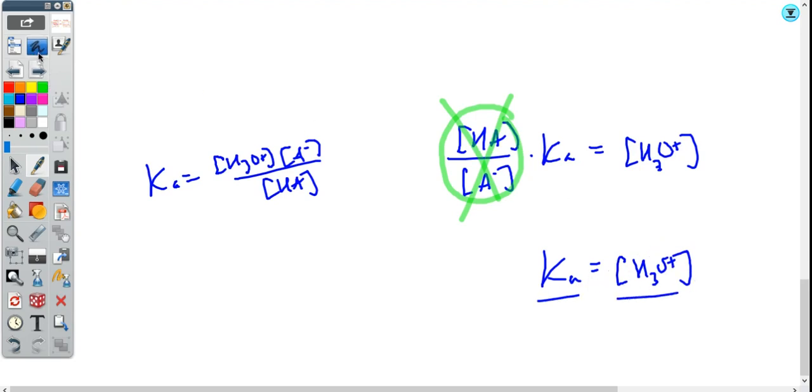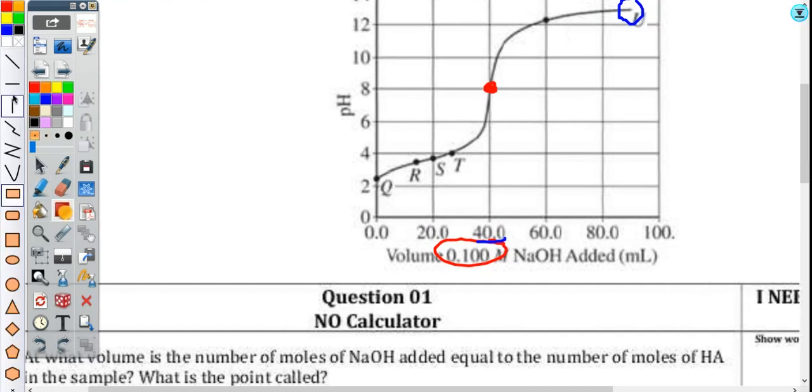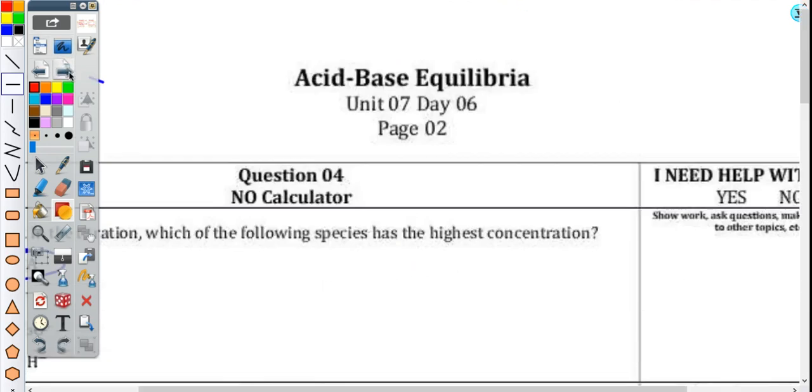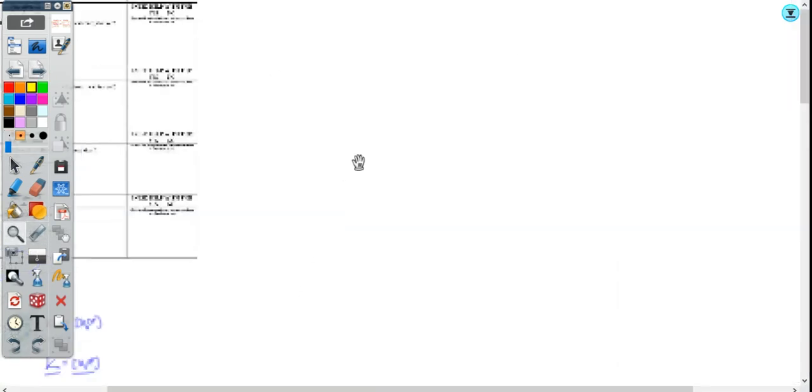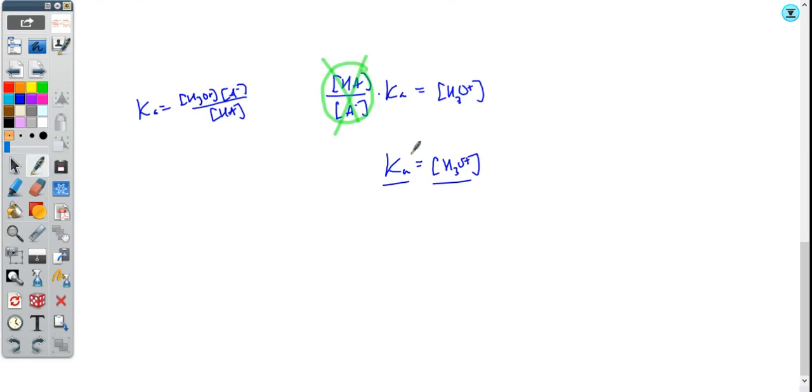So as I think about my titration curve at the half equivalence point, which is at 20 mL, I have a pH of about 4, a little bit less than that. That means my hydronium ion concentration is going to be about 1 times 10 to the minus 4. So remember, it's here that Ka is equal to hydronium ion concentration. I'm looking at a pH of about 4.